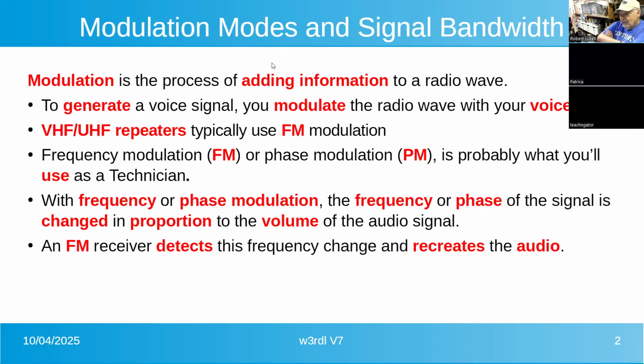So we're going to talk about modulation, which is just the term for how you add information to a radio wave. Or for that matter, it could be a light wave. If you modulate a laser, you could send Morse code via the laser, or you could send voice.